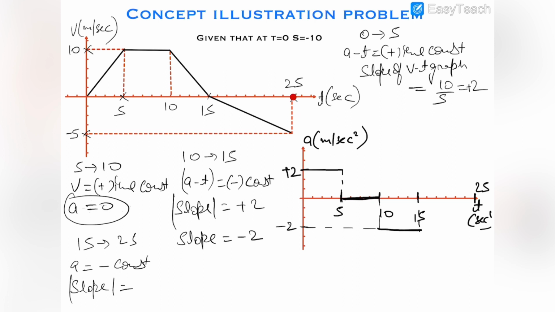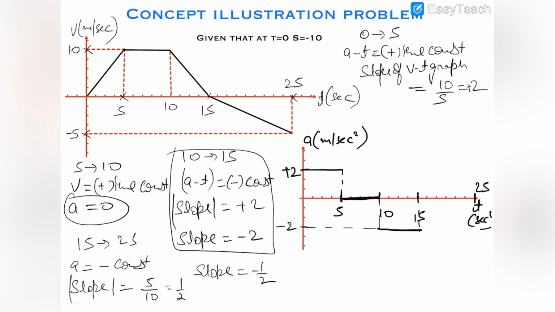So this is 5 and this is 25 minus 15, which is 10. So this is 5 upon 10 and it is 1 upon 2. But we are concerned with the slope. So slope would be minus half. So acceleration in this time would be minus half, and the AT graph would be like that. Okay, so this is the acceleration time graph.